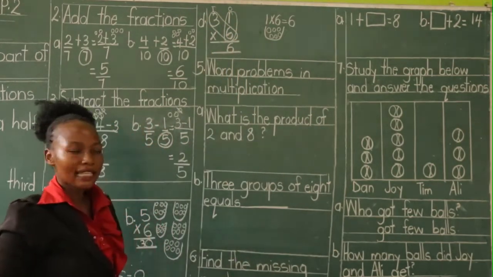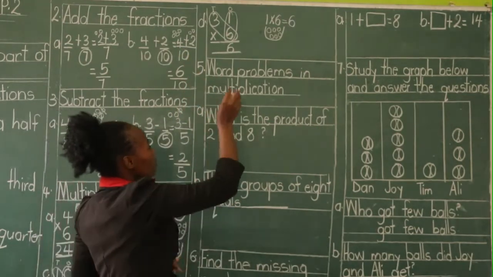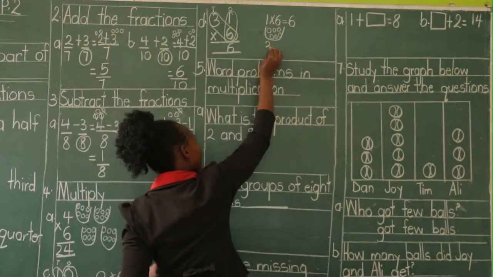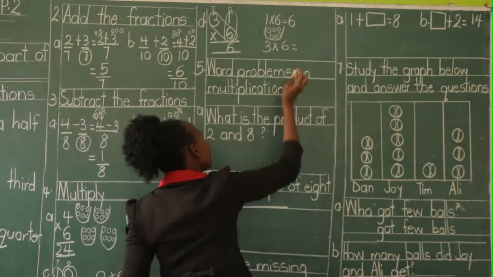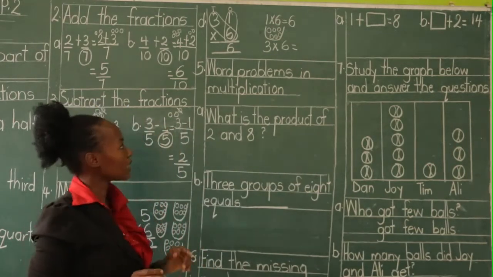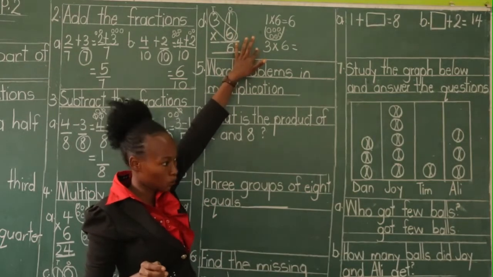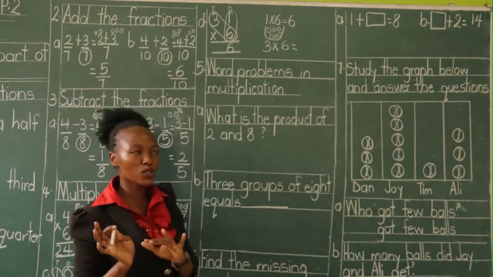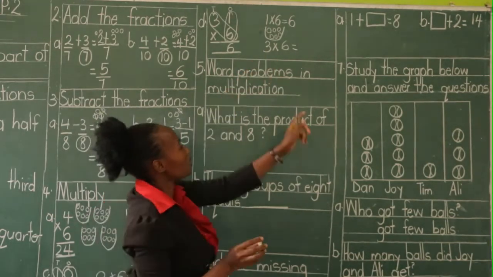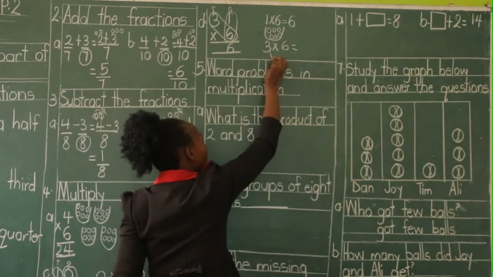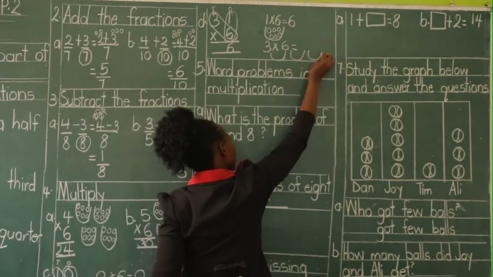Now what I put in the sack is 3 times 6. I write it aside, because then we see which answer we are going to get. Here, the first number is for the groups. How many groups are we going to form? It's number 3. We form 3 groups: 1, 2, 3.